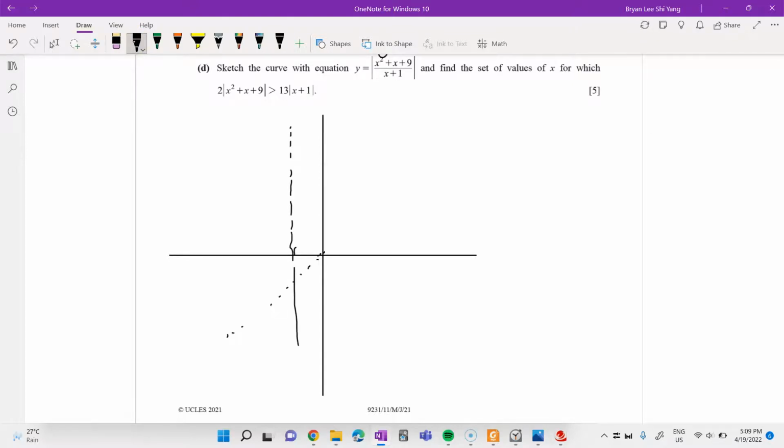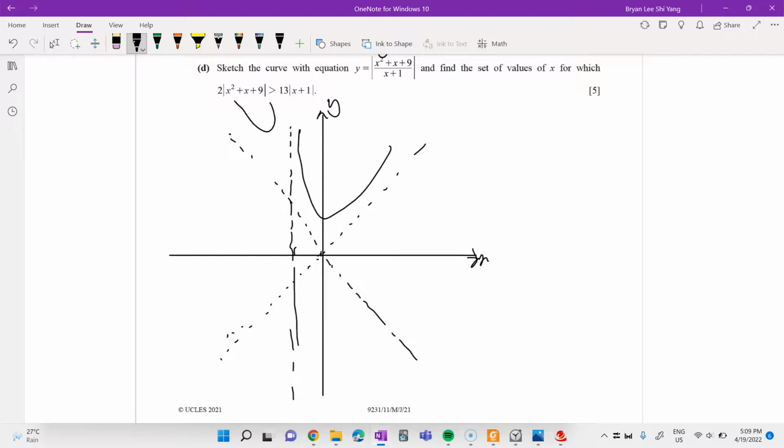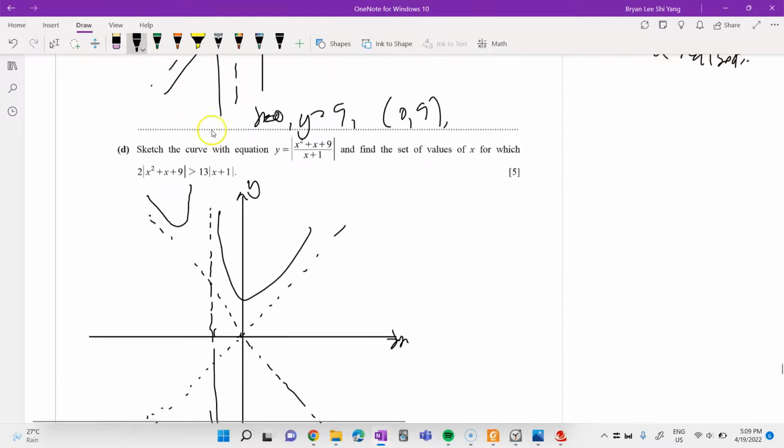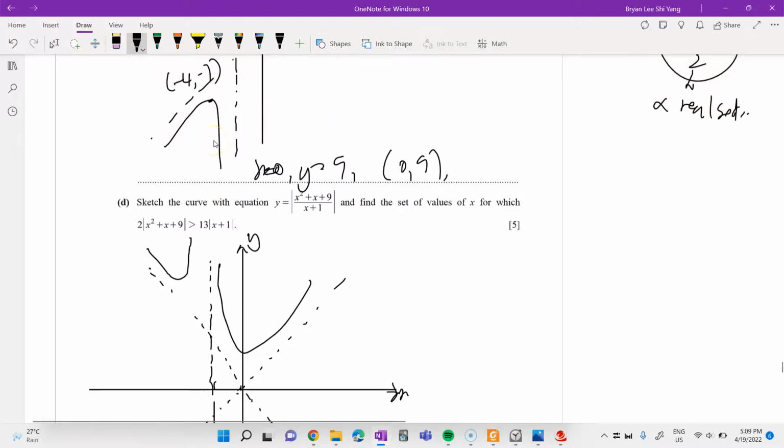But since I'm reflecting stuff, I'll also be inclined to draw my reflected asymptote, right? So x, y. Then originally I had my value over here. Then since this was originally here, I would want to draw it like this. So something like this. Then something like this. This would be how your absolute value function would look.